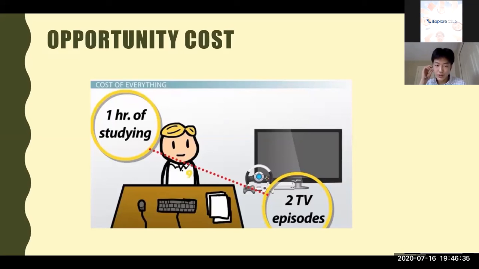So I would choose studying and having the cheaper opportunity cost. This is a reasonable way to minimize our loss when making hard decisions. So you can pretty much see by now that economics can also help you to become a more reasonable and calm person, because now you have different methods to make reasonable choices.